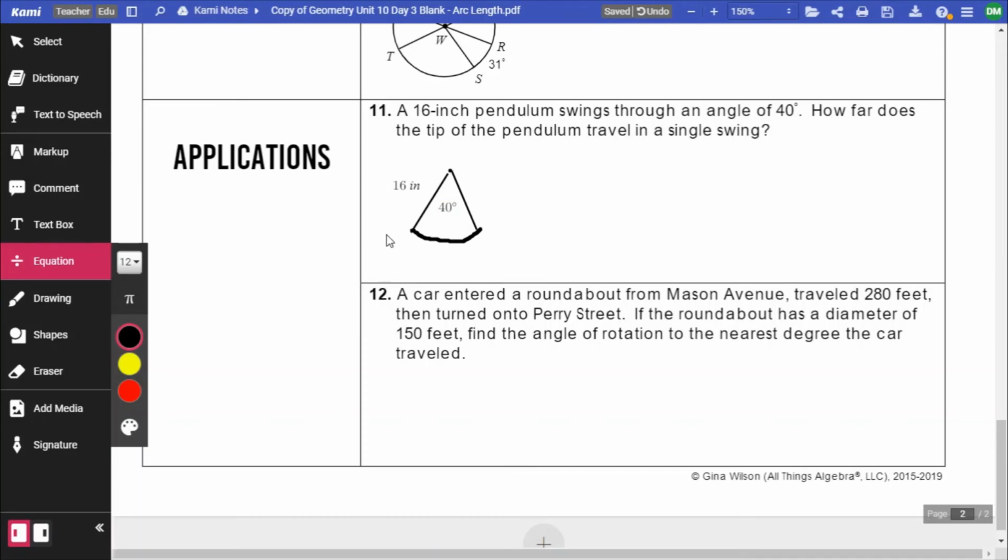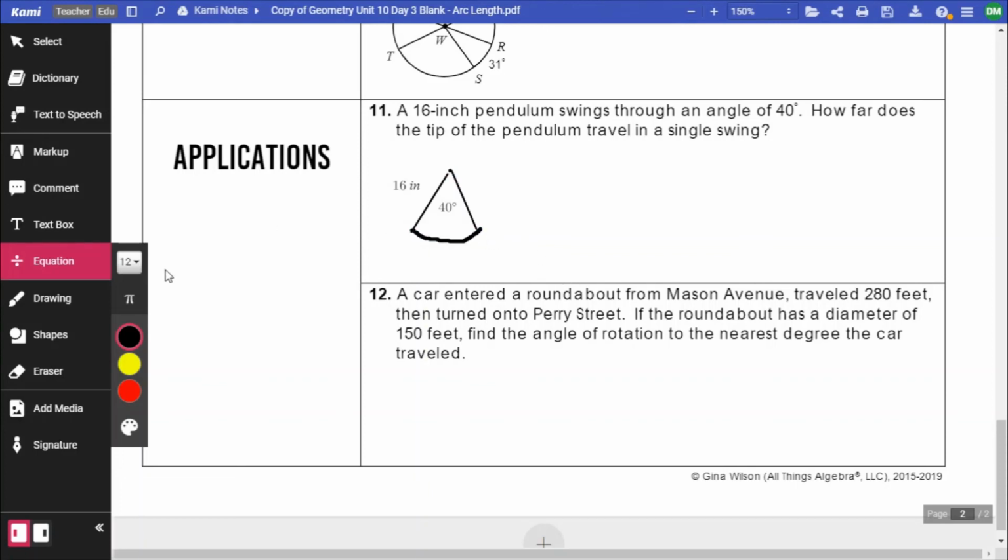Now, even though we don't have the entire circle, we can imagine that if we were to just grab this pendulum and start swinging around our head or something, it would make a circular motion. So we can use the arc length formula here to figure out if we take the pendulum right here and we drop it off and it swings the other way all the way to over here, how far does the tip of that pendulum swing?